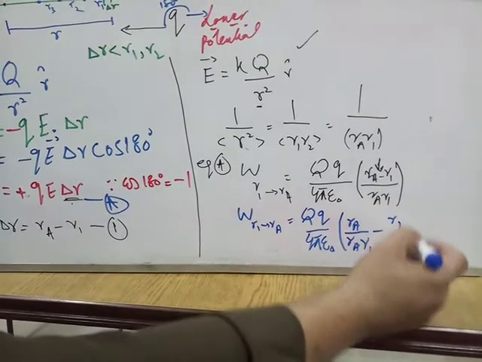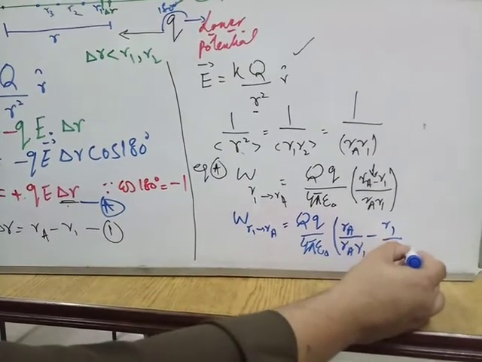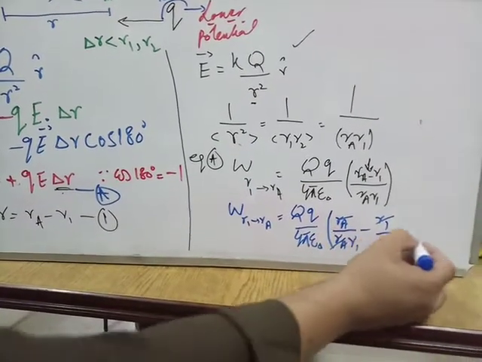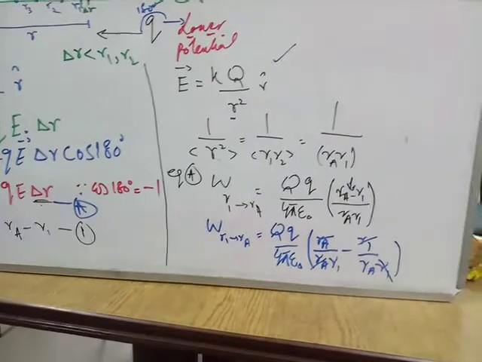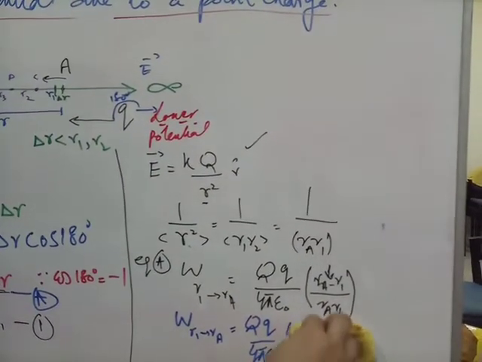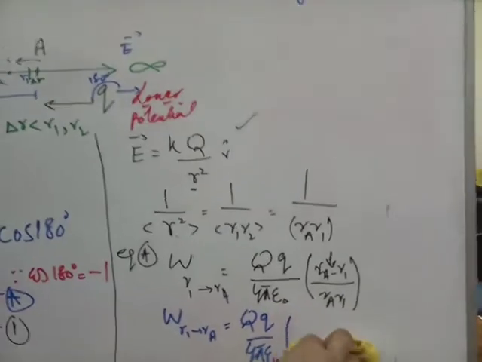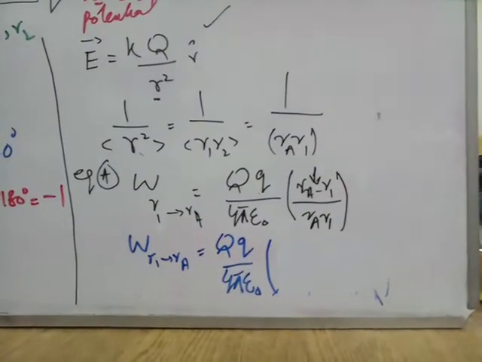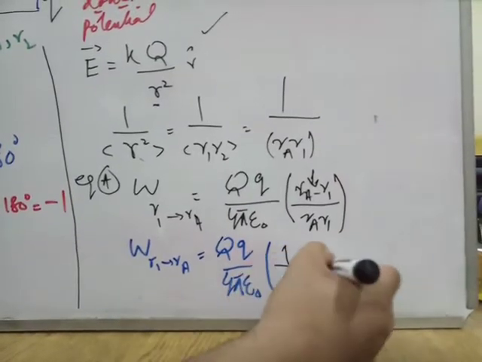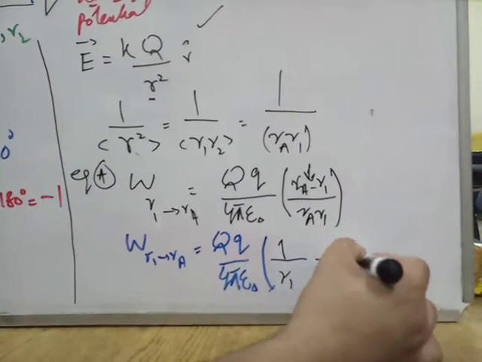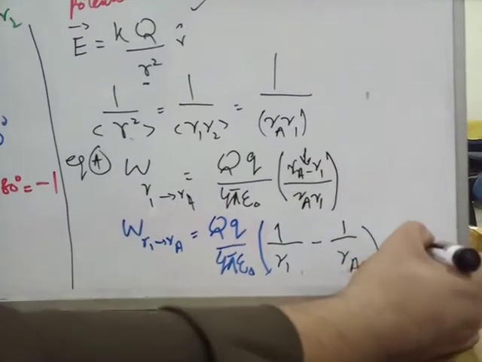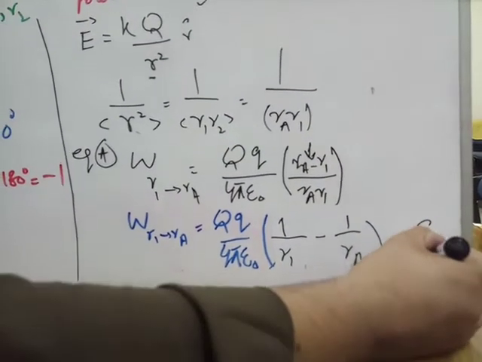We split this equation, so R1 cancels R1, RA cancels RA. After that solution, we are just left with 1 over R1 minus 1 over RA. So this is our equation 2.